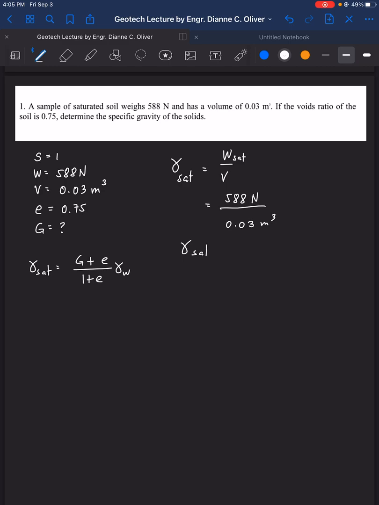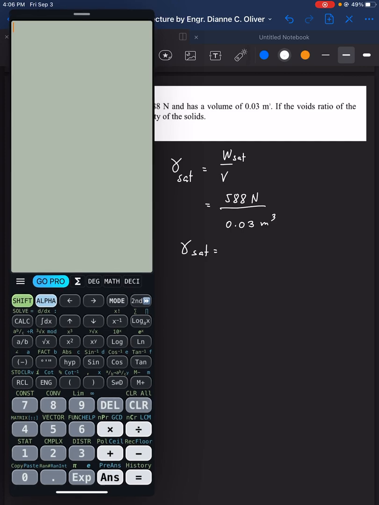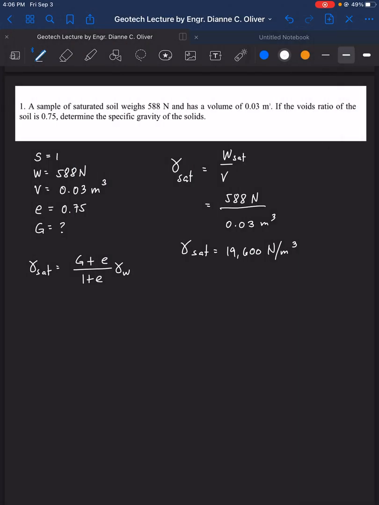So gamma sat is equal to 588 divided by 0.03. So this is 19,600 Newton per cubic meter. Okay, so we have 19,600 Newton per cubic meter equals the missing specific gravity G plus 0.75, the void ratio, over 1 plus 0.75.